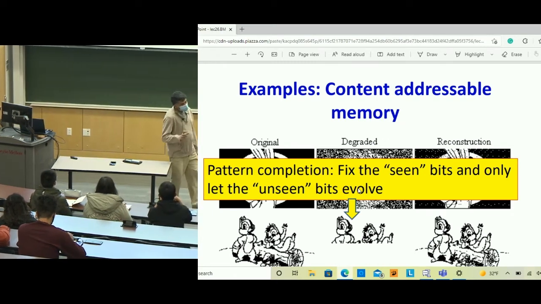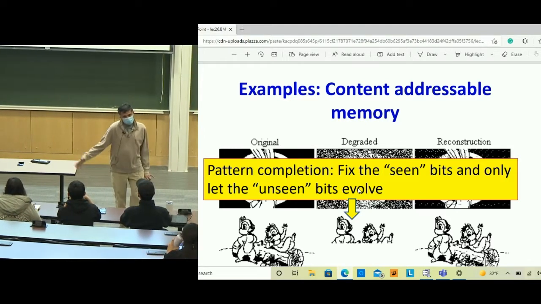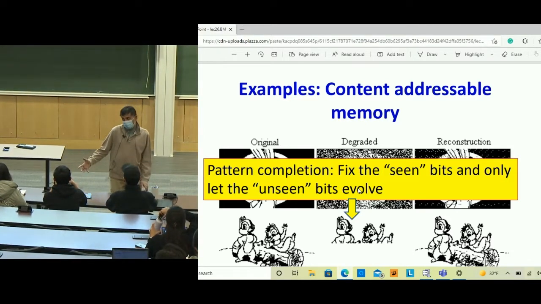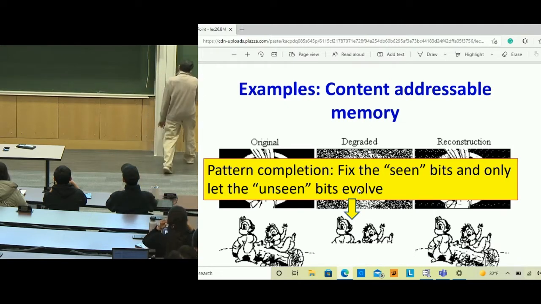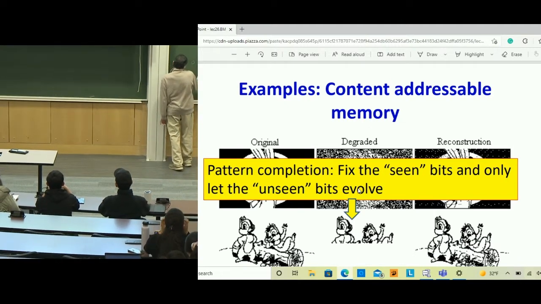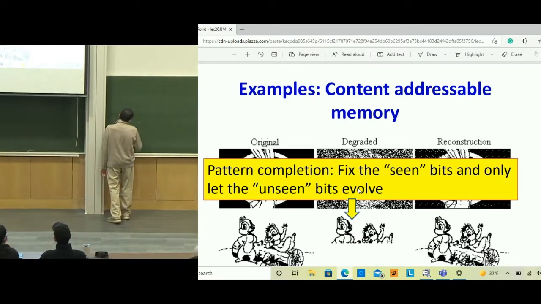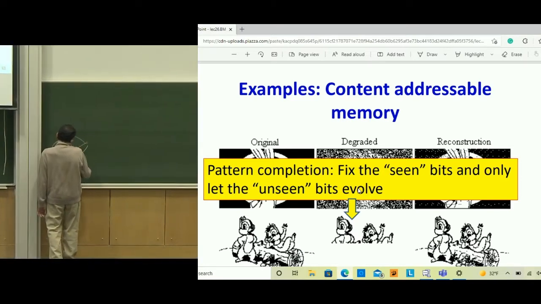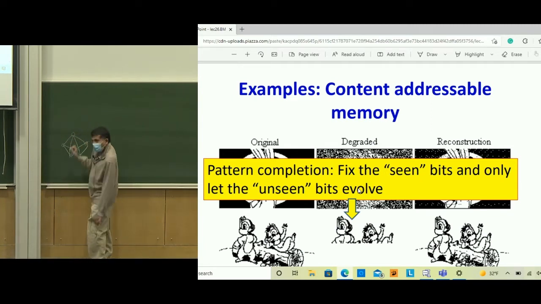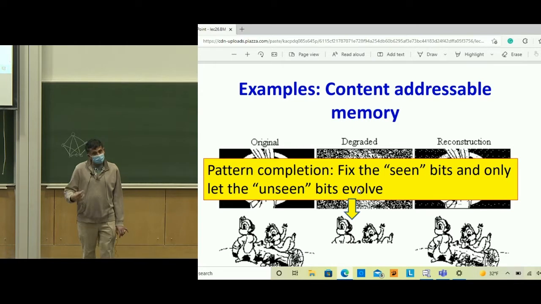And so the two have two different modes of operation. You have a network, you have a whole bunch of bits. In the case of the noisy pattern completion, you would have the network with all of the neurons connected to one another, and you'd set all 5 neurons and let the entire network evolve.